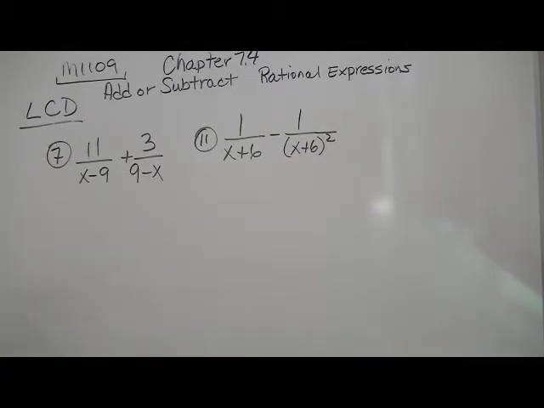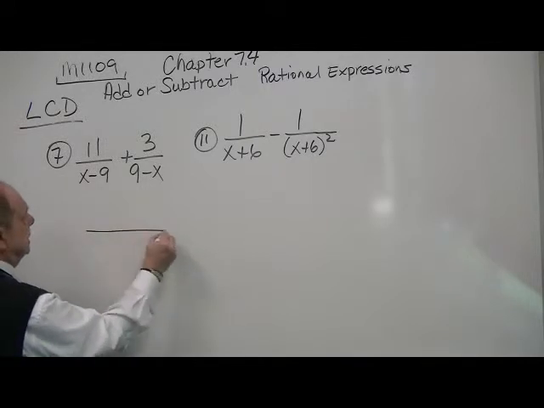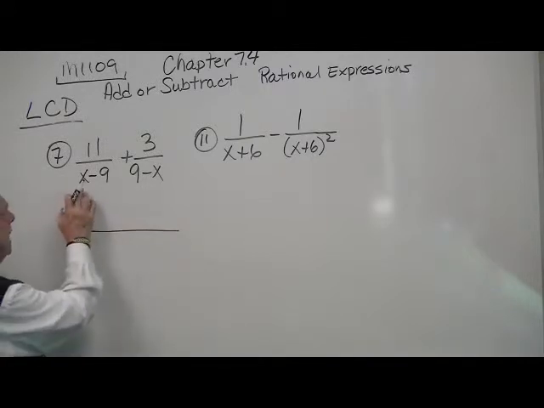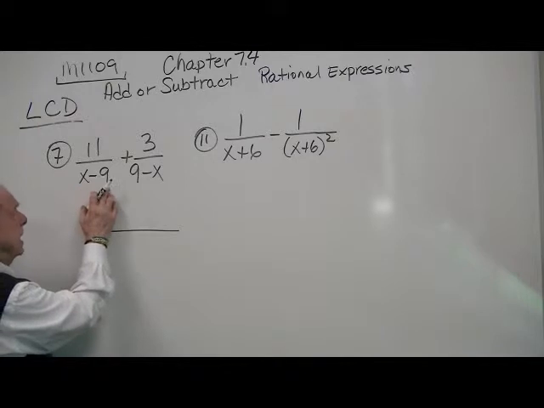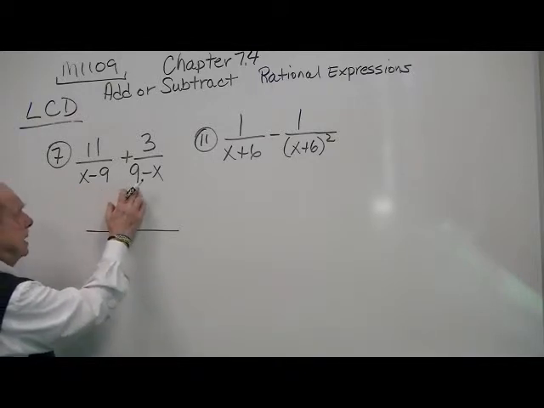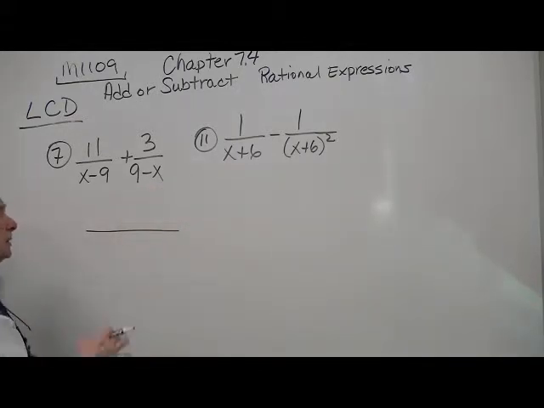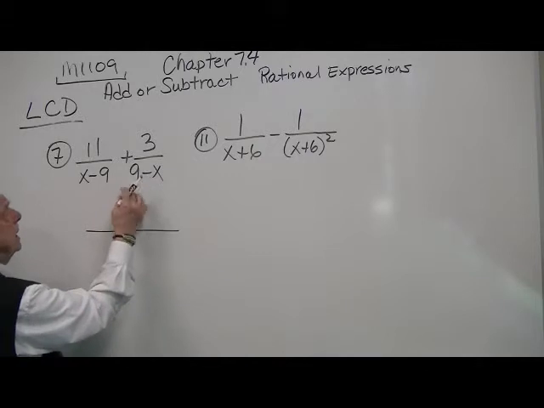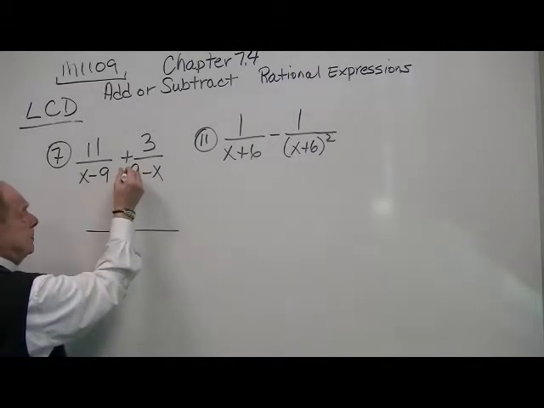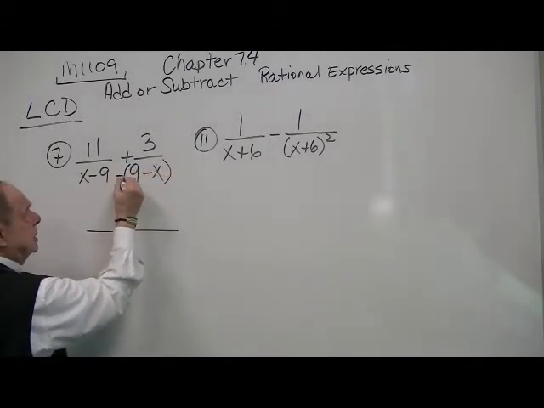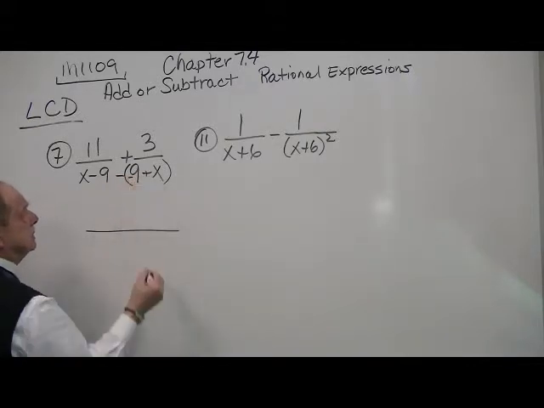I'm going back to number 7 because this pattern is interesting. And again, what will your lowest common denominator be? Well, here we have an x and a negative 9. Here we have a 9 and a negative x. In a previous video, we said if you take out a negative 1, that reverses the sign.